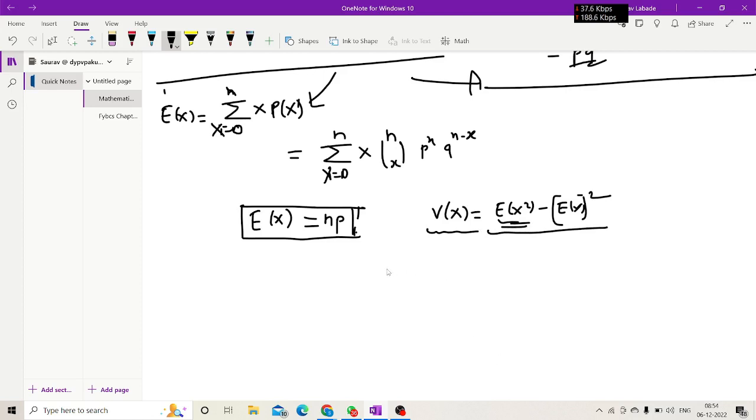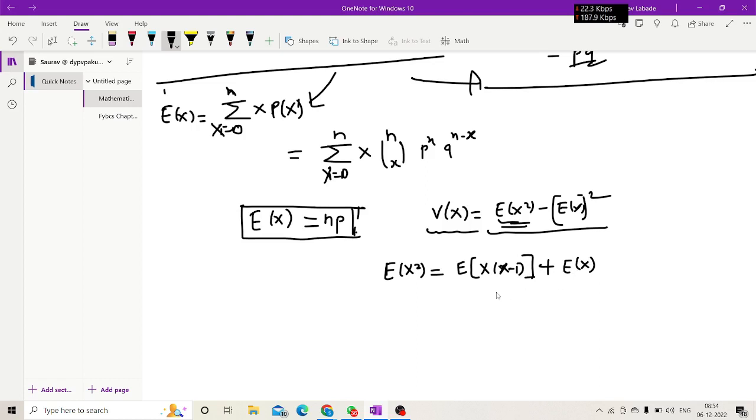So what is expectation of x square here? Expectation of x square equals expectation of x into x minus 1, plus expectation of x.